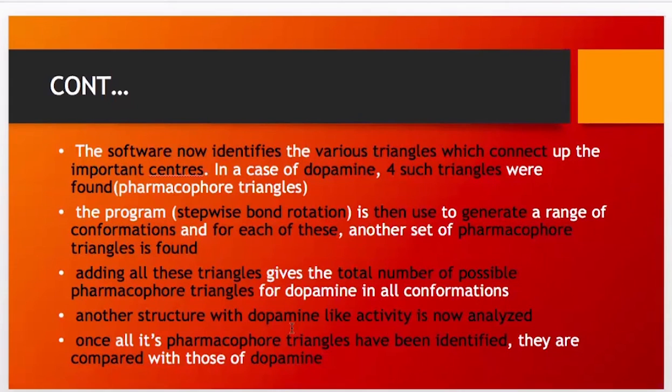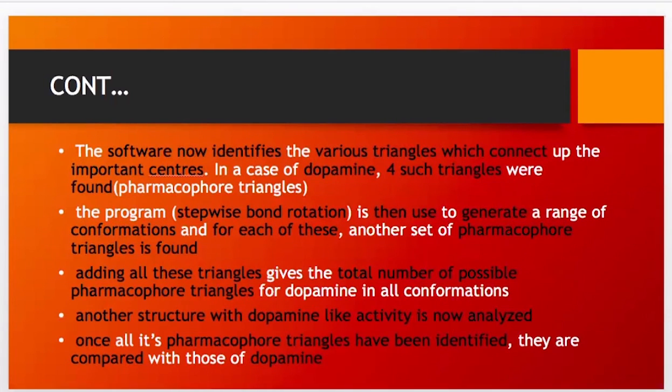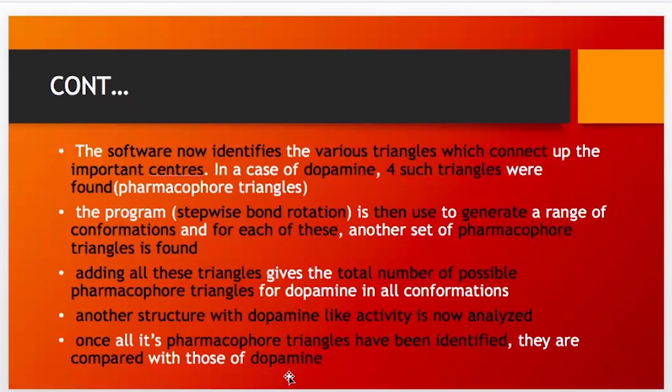All right. So once you have these different pharmacophores, what happens next? Let me use the example of dopamine, to help you understand. In the case of dopamine, we said four triangles are identified.